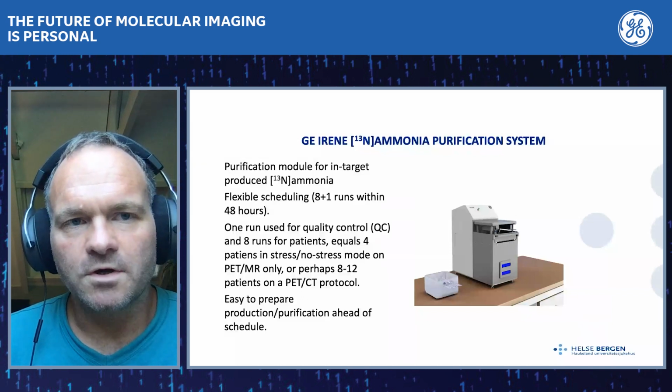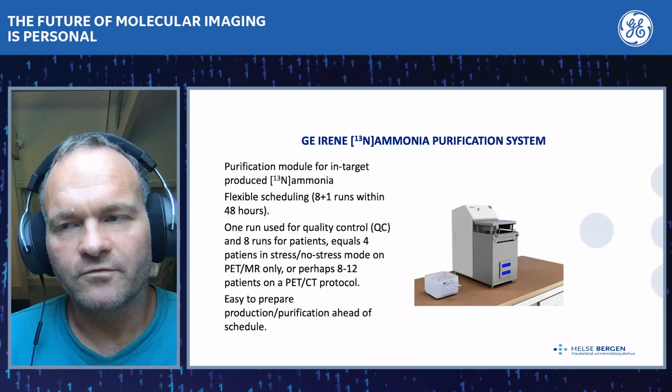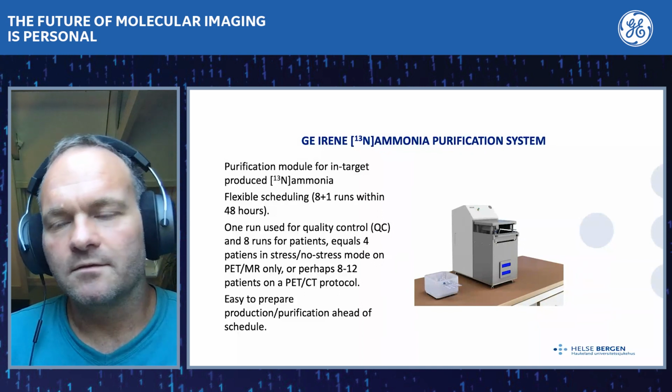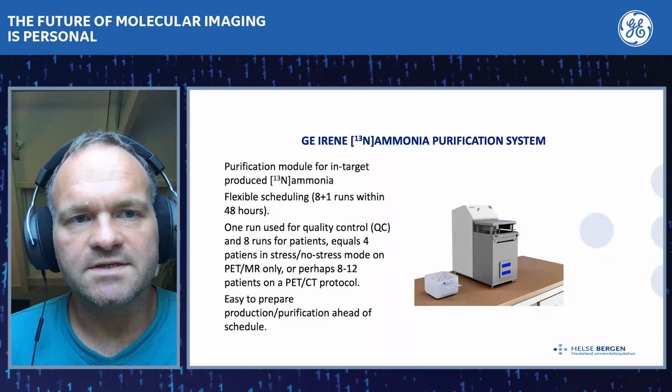So one of these runs, let's say one of the 9 runs, is used for quality control, and the remaining runs then for patient examinations.